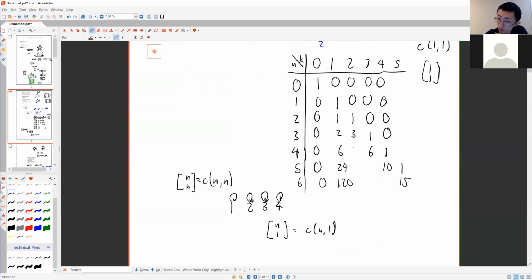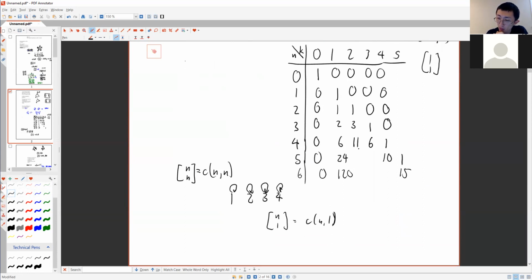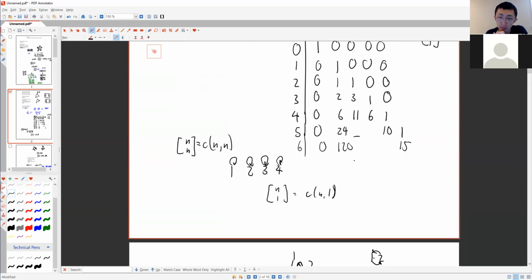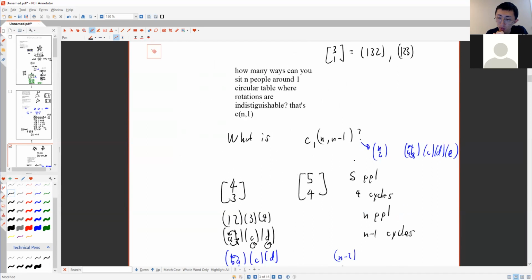We computed this was 11 for 4 elements into 2 cycles. Let's do 1 or 2 more. So is there some way we can compute C(5, 2)?